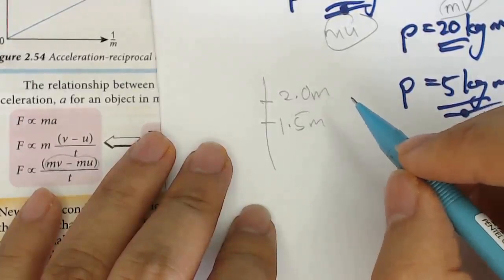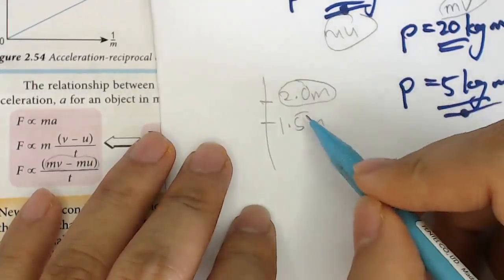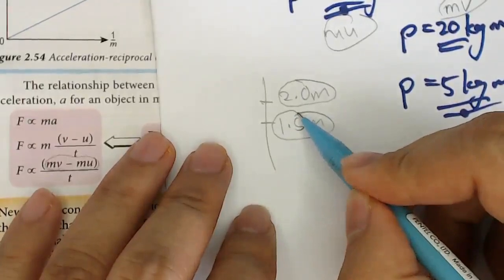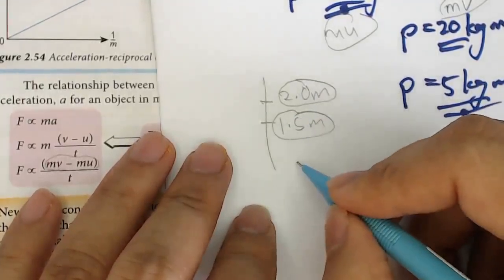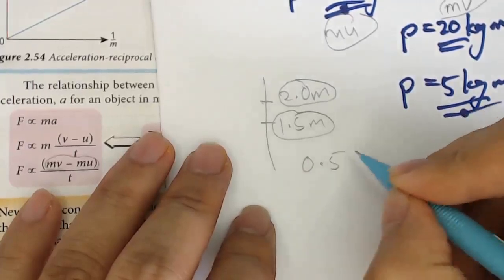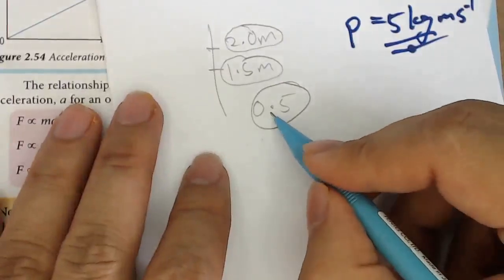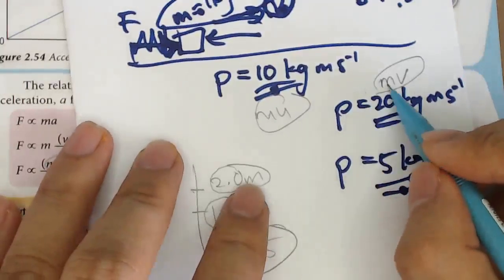You take the final height minus the height before, correct? And it becomes 0.5. So this is what you call the change of height. And so does this. Why can't we use the same term?